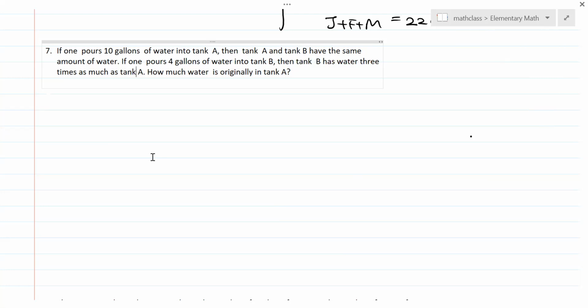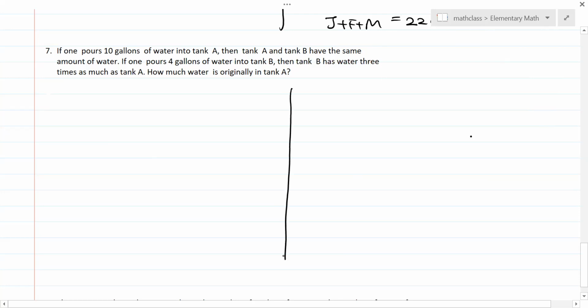All right, so again, you try both ways if you're able to solve the problem, okay? The first, let's use the equations. So in tank A, the amount of water in tank A, we call it A. In tank B, we call it B. So if we pour 10 gallons of water into tanker A, so add 10, tanker A and tanker B have the same amount of water, right?